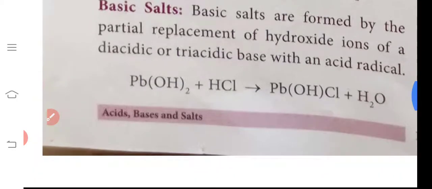So Pb(OH)2, Pb means lead, OH means hydroxide. Lead hydroxide plus HCl gives lead hydroxide chloride plus H2O. So this is basic salts. So normal salts, acid salts and basic salts.